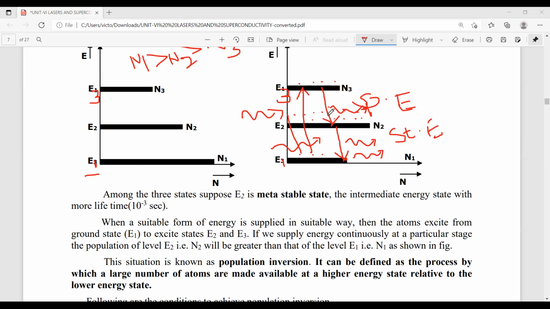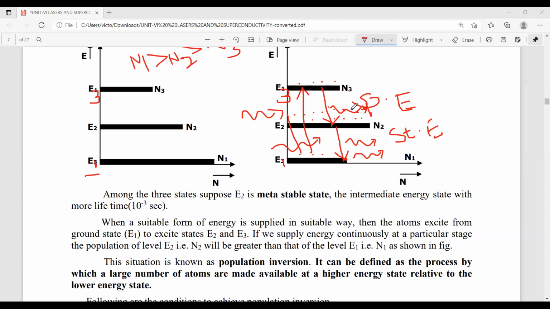Here, without giving any extra energy, they jump from E3 to E2 by emitting 1 photon of energy. So it is an emission process, but this emission process is a spontaneous emission process. But at energy level 2, atoms stay more time, more lifetime, that means 10 power minus 3 seconds.